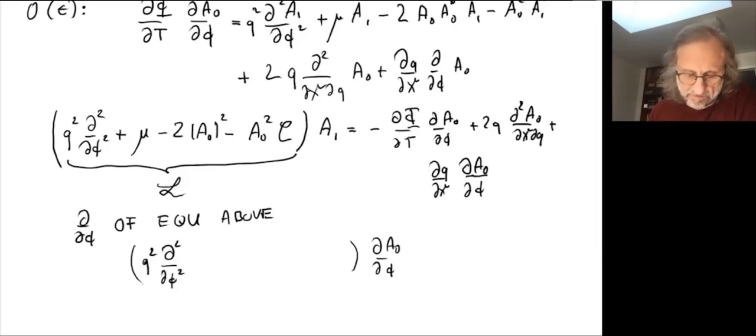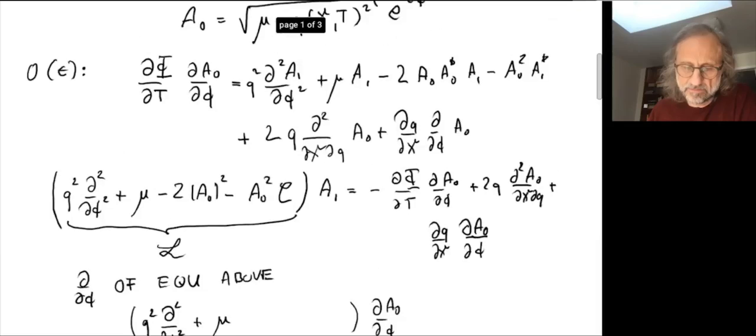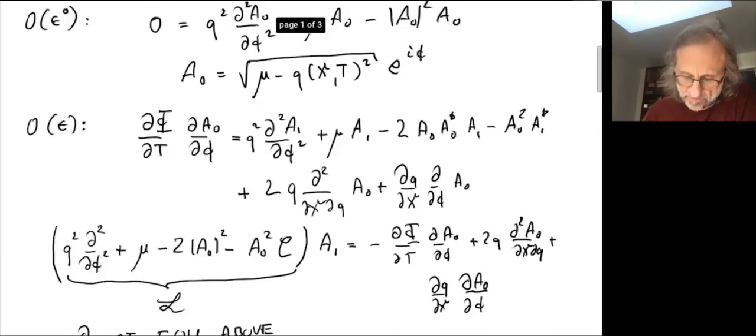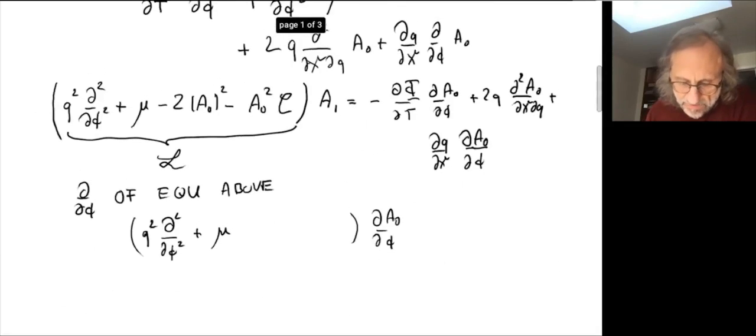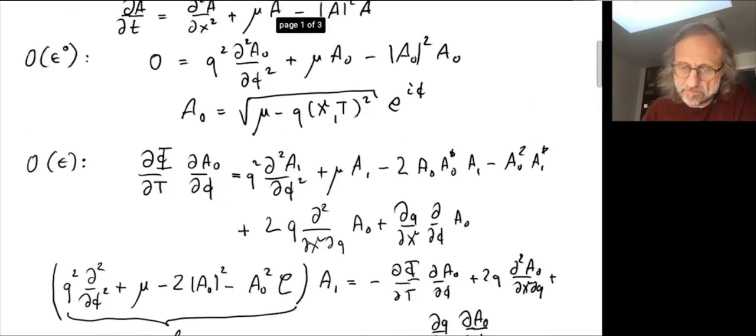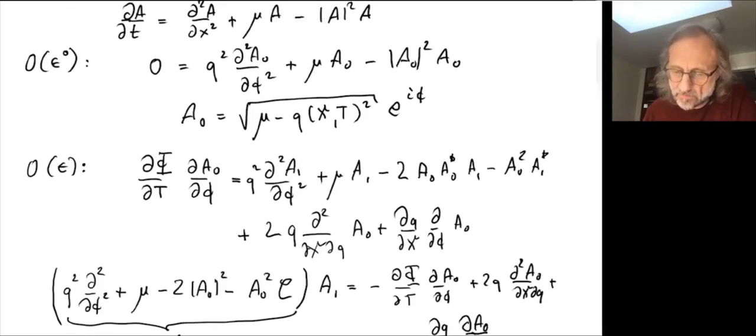Right, that's what I said: the third derivative becomes the second derivative of the first derivative, plus mu times the first derivative, and then come the nonlinear terms: minus 2 times the absolute value of A naught squared, minus A naught squared times, right, if we look here, this is the A naught squared, and then there's an A naught star, and we need to take its derivative, so that's what this is.